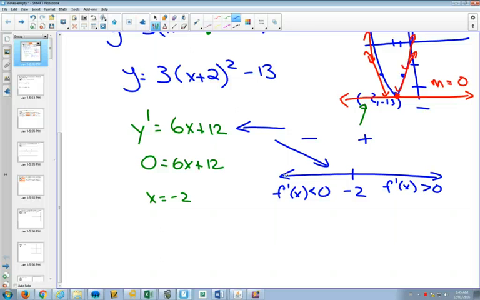And any time that happens, our function's going to be increasing. So just looking at the derivative, we could have found the vertex, then determined, once we had that vertex, that on this side it would be decreasing, and after it would be increasing. And you would get your parabola from that as well.